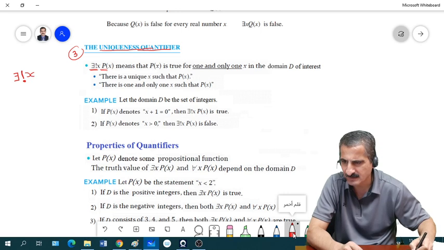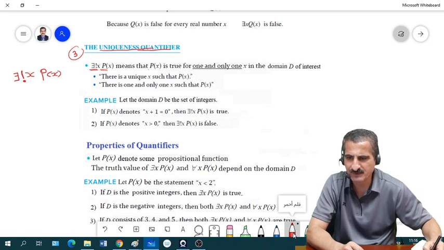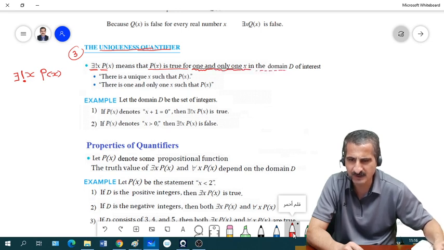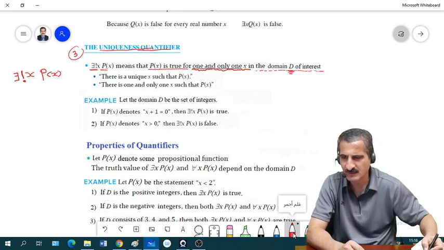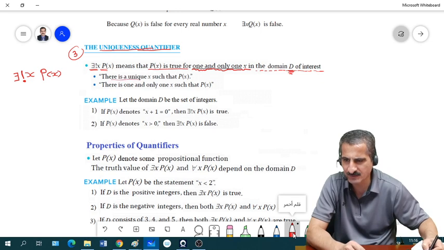So this means p of x is true for one and only one x in the domain. And choosing the domain plays the role in the truth value of this. So again, there is a unique x such that p of x happens. There is one and only one x such that p of x happens.